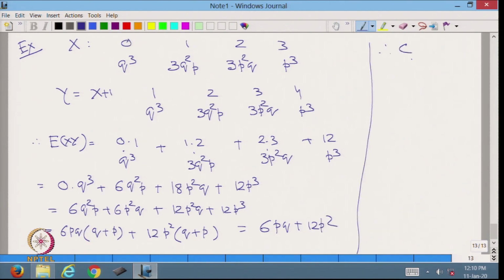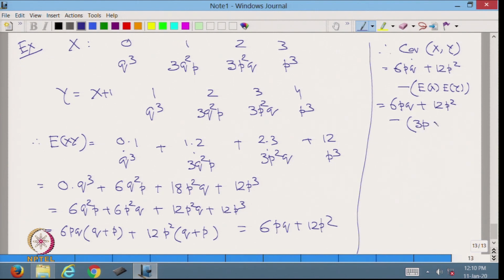Therefore, covariance of x y is equal to 6 p q plus 12 p square minus expected value of x into expected value of y, which is 6 p q plus 12 p square minus 3 p multiplied by expected value of y.